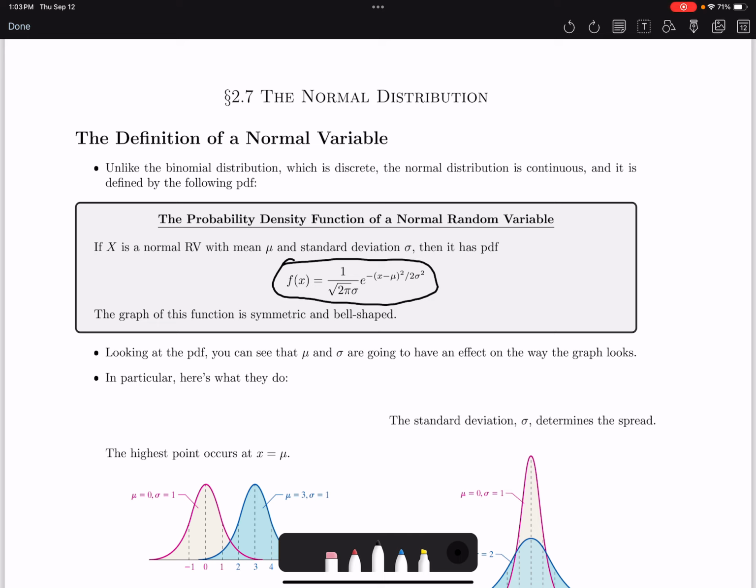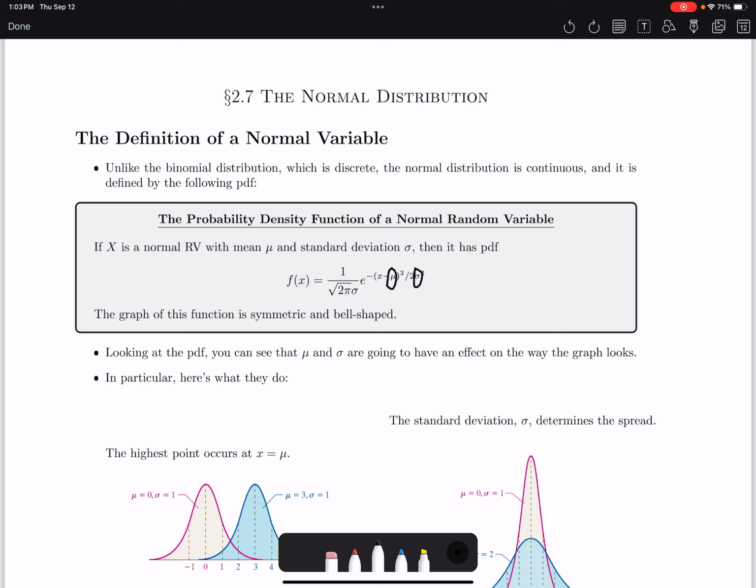But the reason that I put this on here is to emphasize that the mean, mu, and the standard deviation, sigma, show up in the formula for this distribution. In fact, those two values, the mean and the standard deviation, uniquely determine the way our distribution is going to look.